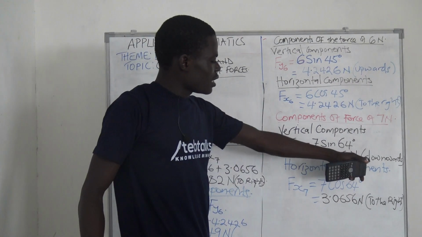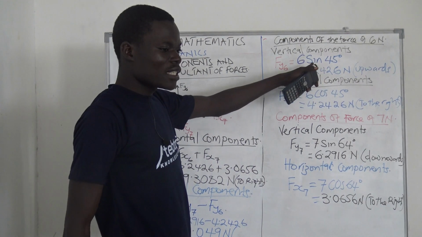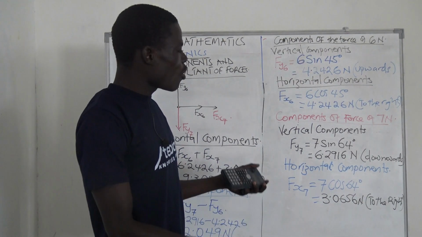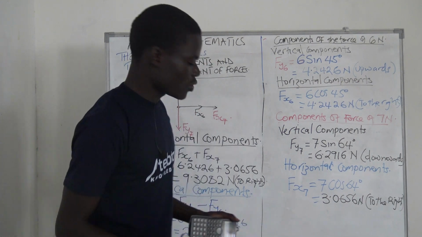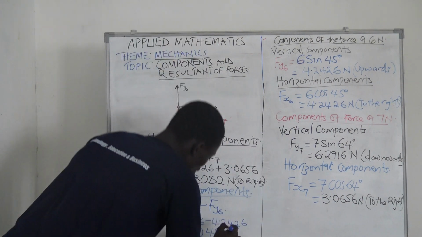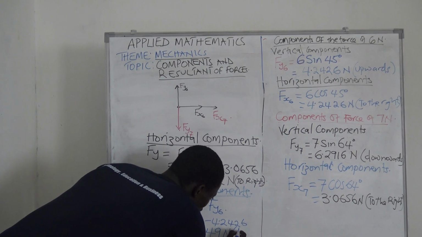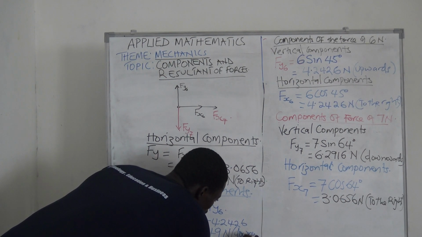In which direction is it acting? The one which is greater is acting downward, and the one which is less is acting upward. So the resultant force will go in the direction of the big force. The big one is going downward, so this one also will go downwards.